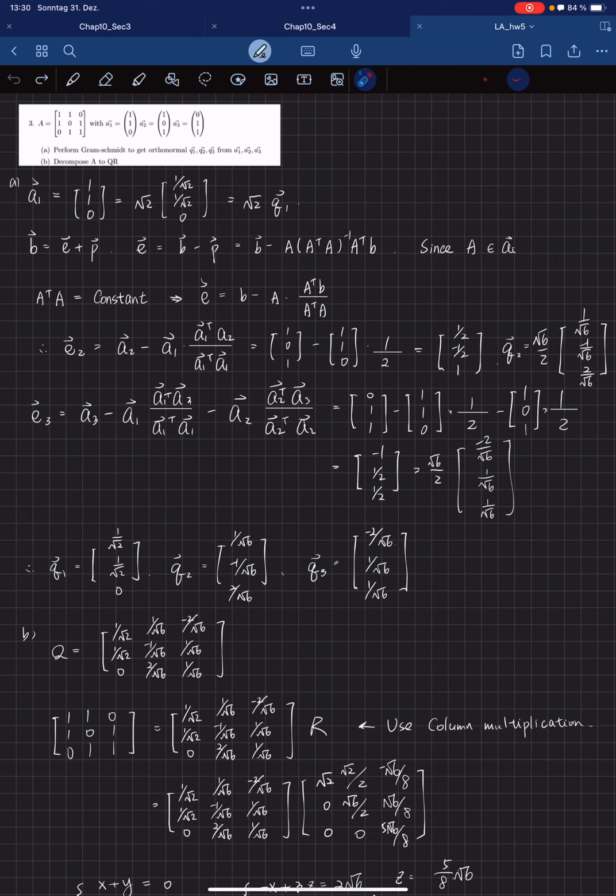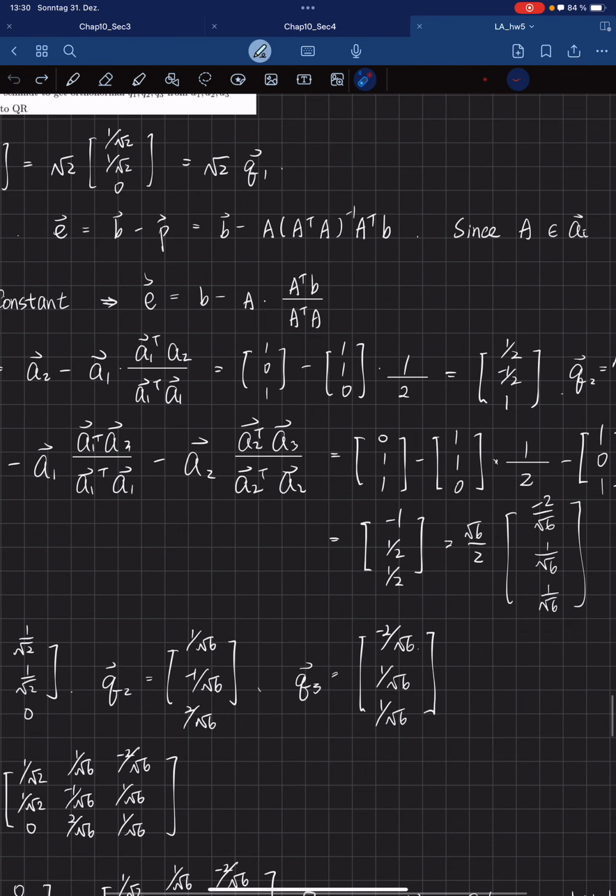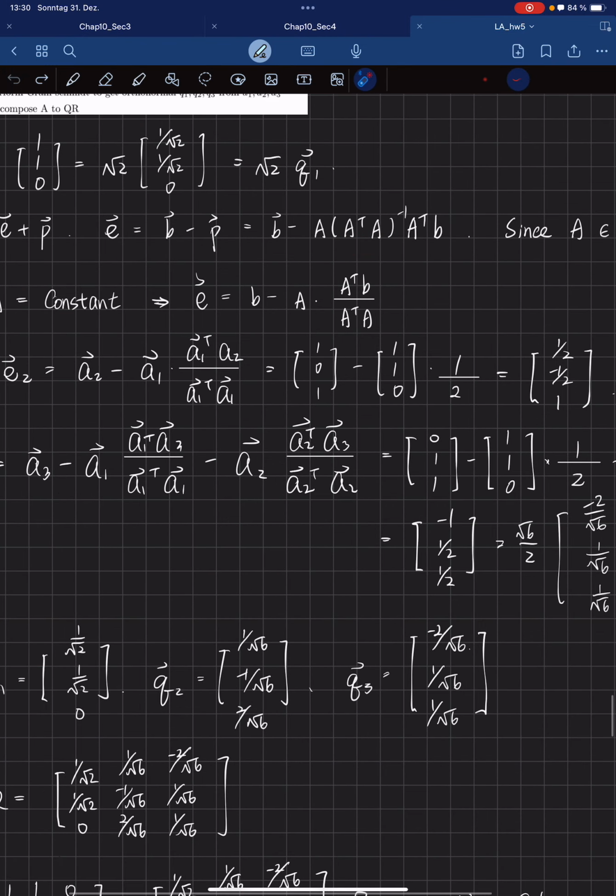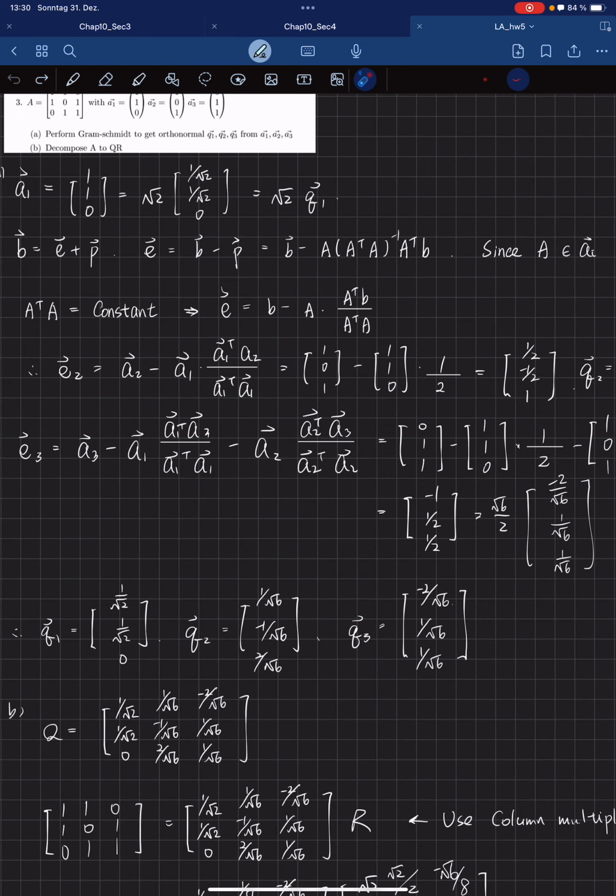So you see, this is our B and this is our P, right? Because our A is a vector, our A transpose A should be a number, or denoted as a constant. So this is just a number, and the inverse of a number is just the number moved to the denominator.